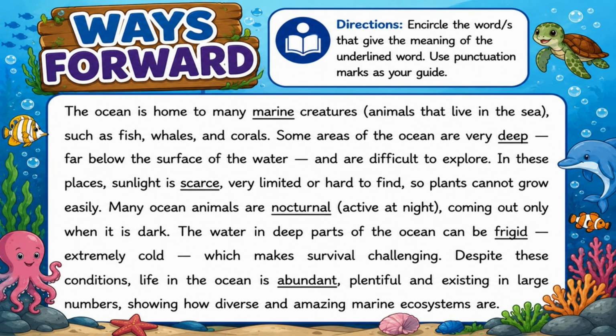The water in deep parts of the ocean can be frigid, extremely cold, which makes survival challenging. Despite these conditions, life in the ocean is abundant, plentiful, and existing in large numbers, showing how diverse and amazing marine ecosystems are.